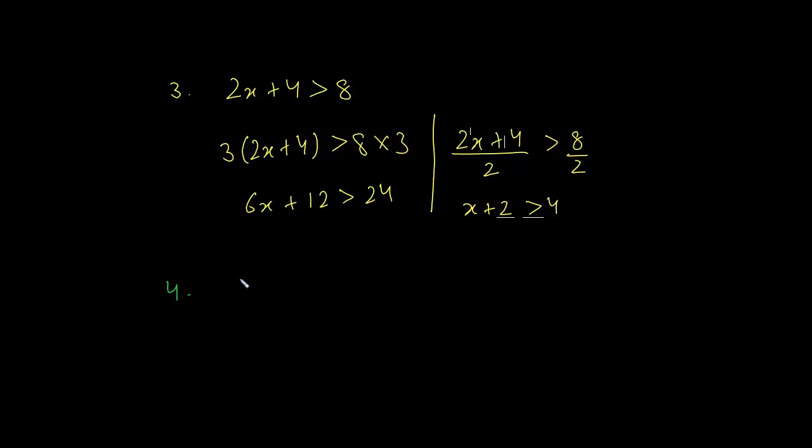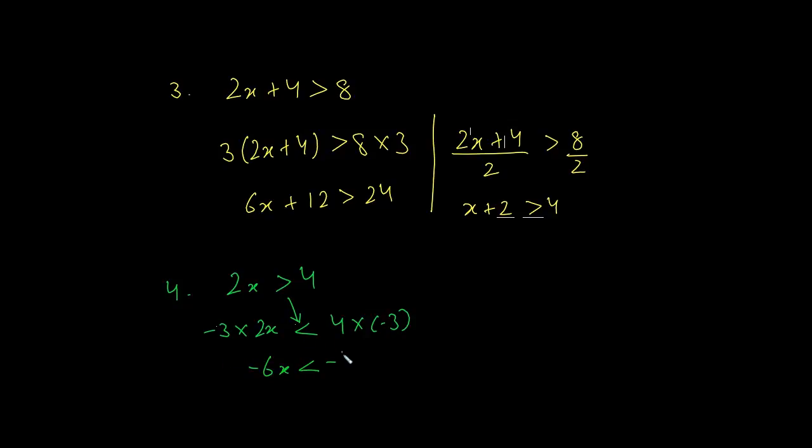But now comes the important rule. This important rule is if we have an equation which says 2x is more than 4 and we multiply both the sides by a negative value, then the sign of the inequality would get reversed. So this is what you have to be very careful about.